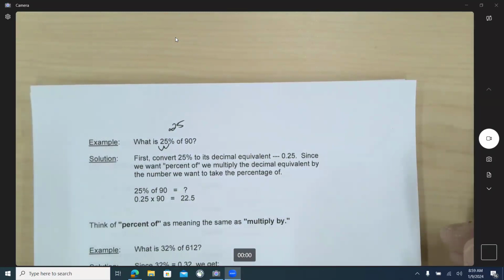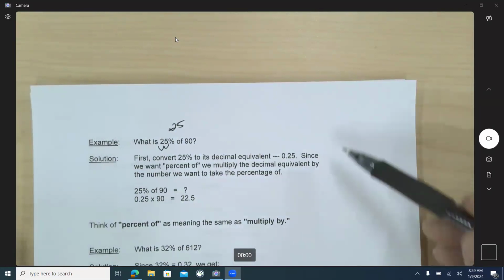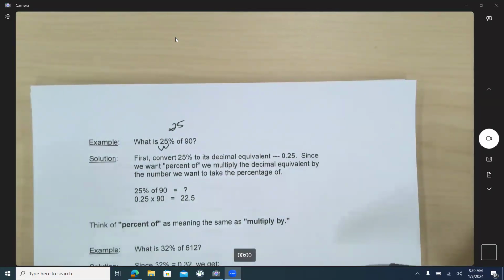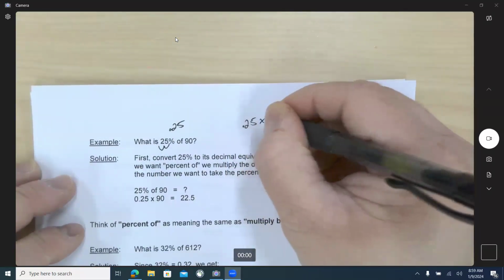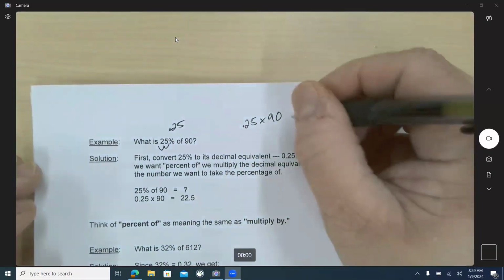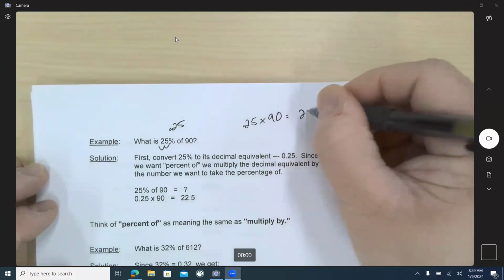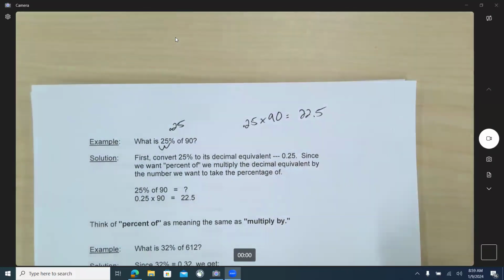Well, if you read a question to yourself and it's not this straightforward, but it's saying percent of a whole of something, all you need to do is multiply by. Percent of means multiply by. So you go 0.25 and you multiply by whatever the whole thing is. And when we do this, we're going to get 22.5.